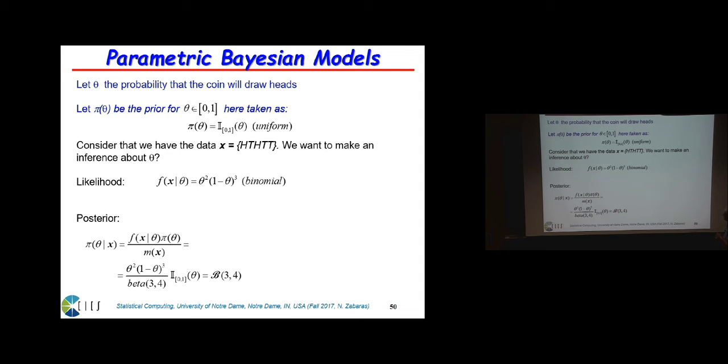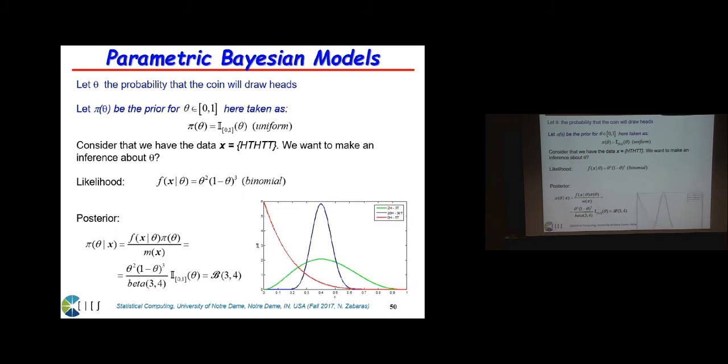I would like you to get very familiar with the beta and gamma and all of these distributions, because immediately, if you have theta squared, 1 minus theta cubed, this is a beta distribution with parameters 3 and 4. The beta distribution, I remind you, is x to the alpha minus 1, 1 minus x to the beta minus 1. So 2 is 3 minus 1, and 3 is 4 minus 1. So the posterior is a beta(3, 4) distribution.